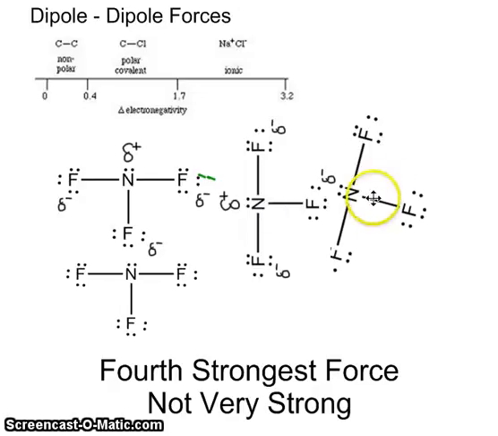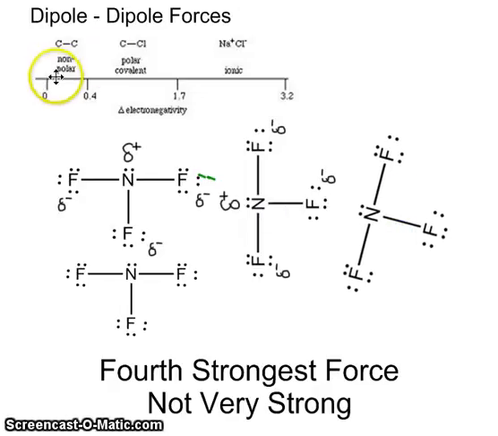The greater the difference in electronegativity that a bond has, the more polar it is, the more ionic character it has, sometimes we say. Sometimes there's a difference in electronegativity and the bonds are not polar. There's no partial charge. But when you're between 0.4 and 1.7, there is a partial charge. The closer you are to 1.7, the more polar something is.